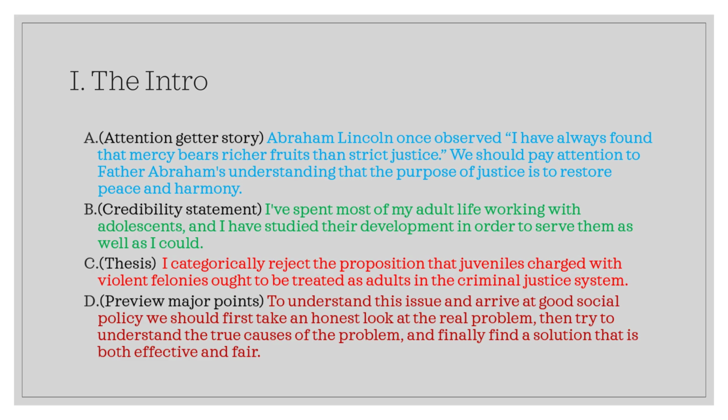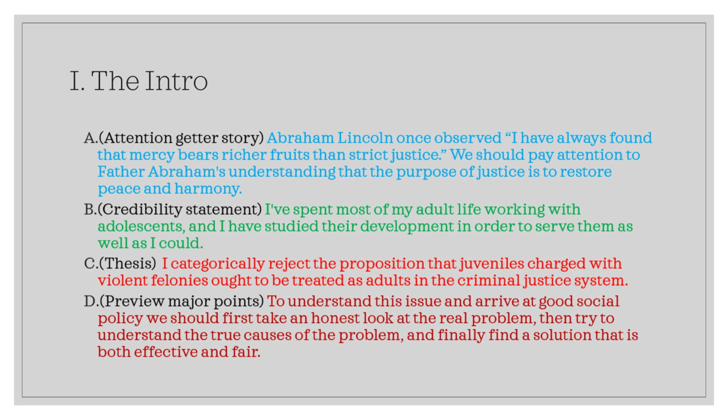We start with Abraham Lincoln once observed, "I have always found that mercy bears richer fruits than strict justice. We should pay attention to Father Abraham's understanding that the purpose of justice is to restore peace and harmony. I've spent most of my adult life working with adolescents, and I've studied their development in order to serve them as well as I could.